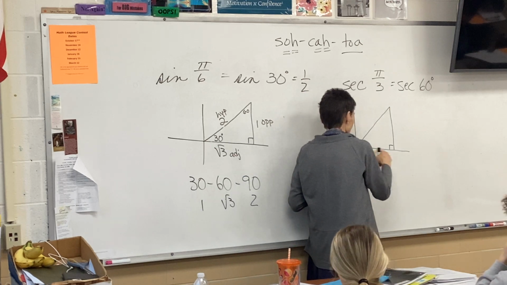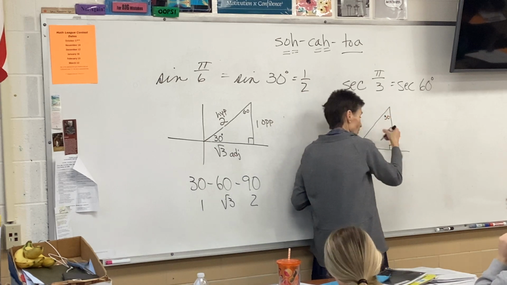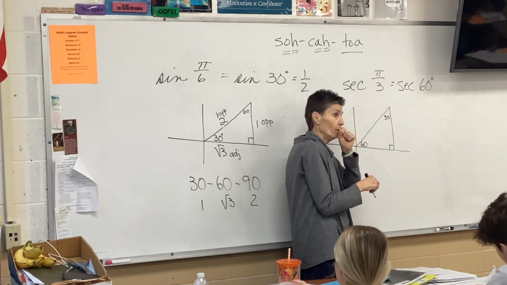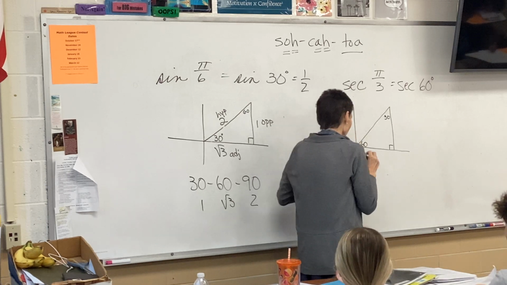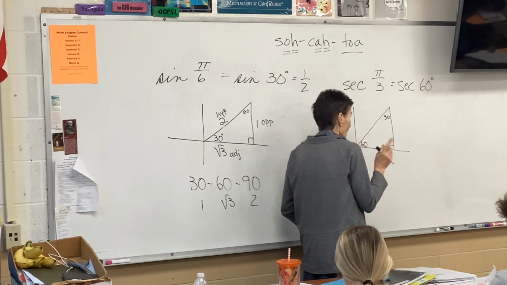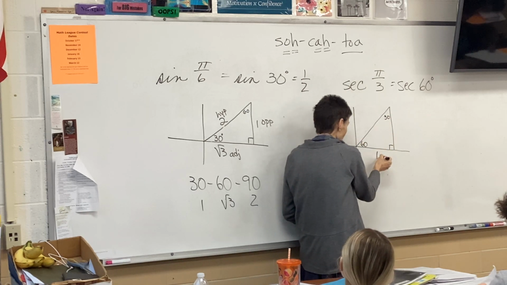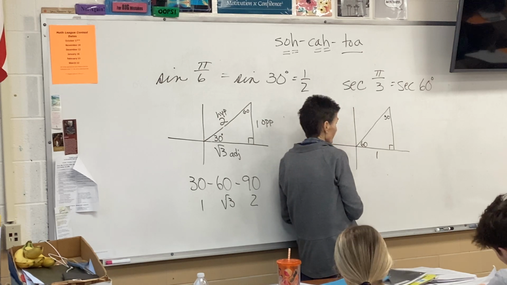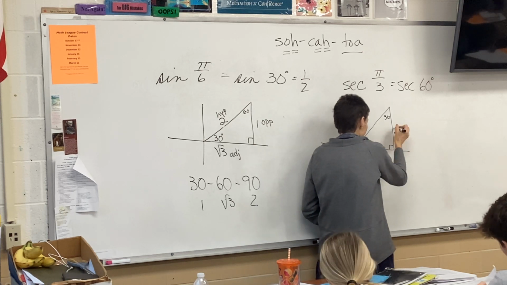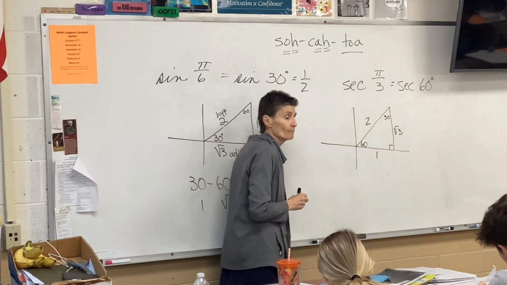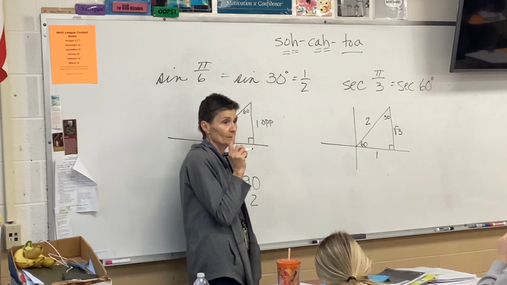And since that's a 60 and that's a 90, isn't this a 30? Don't I have another 30, 60, 90 triangle? Now it's oriented a little differently, but it doesn't matter. Across from the 30 is 1. Across from the 60 is root 3, and the hypotenuse is 2. Never changes.